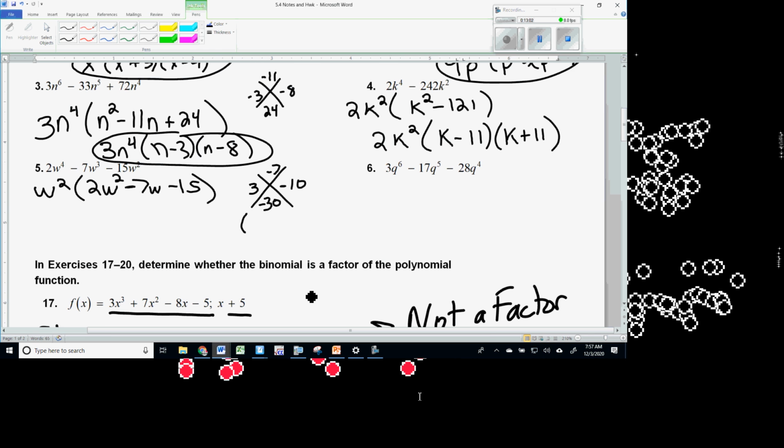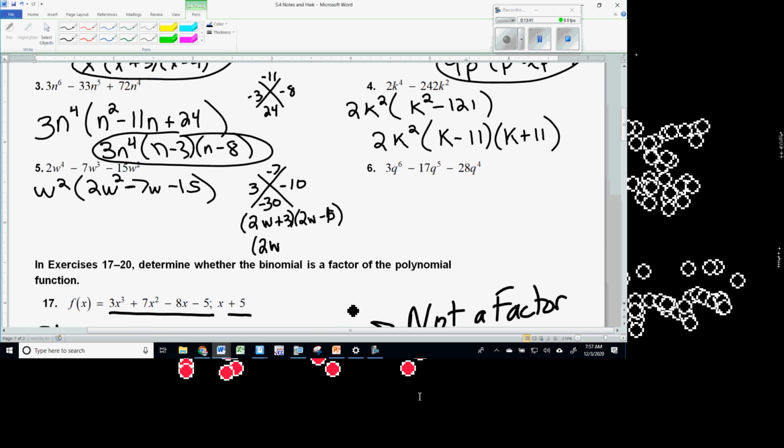Now I'm going to write over here before I go back over there. The way we did this is we have 2w plus 3, 2w minus 5. Sorry. Minus 10. Now, we got to factor out our common factor, which is 2.